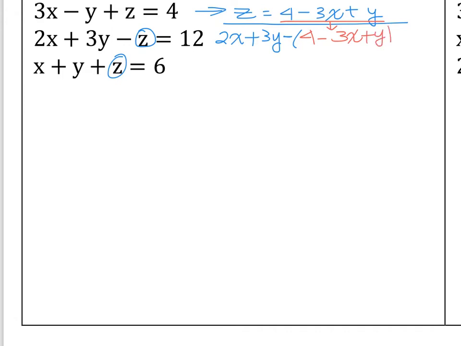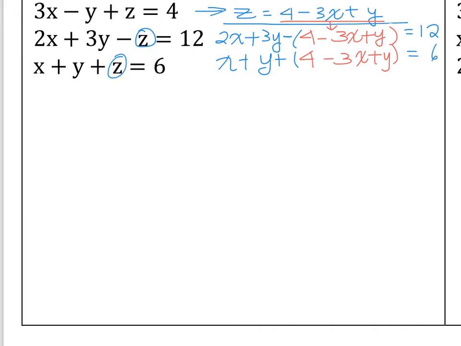So basically I am combining the elimination method and the substitution method right now to solve for this system of linear equations. And this one will be x plus y plus 4 minus 3x plus y equal to 6.